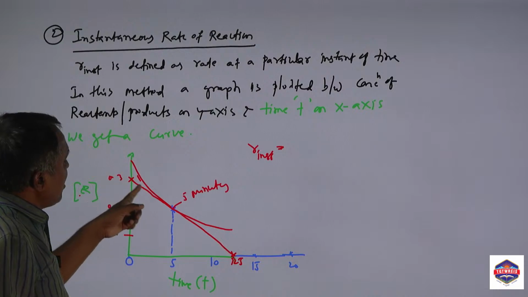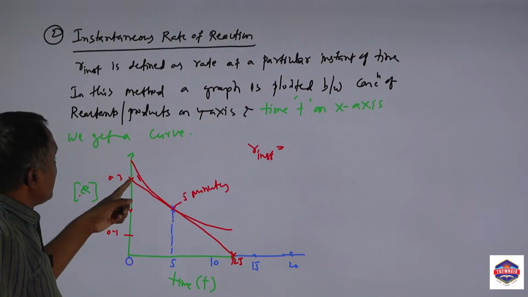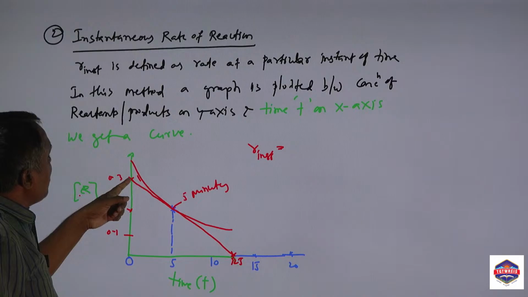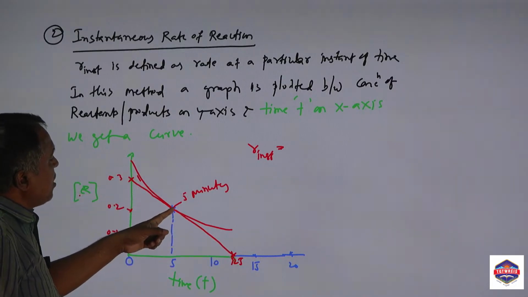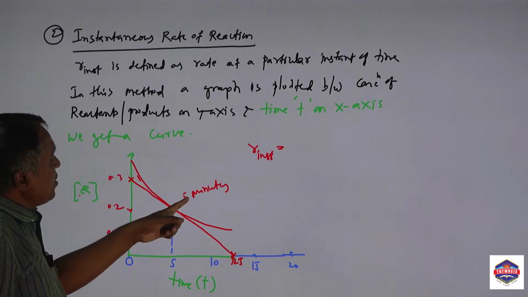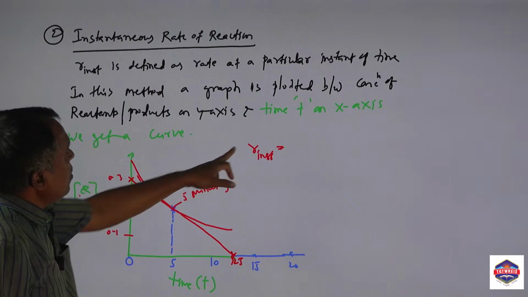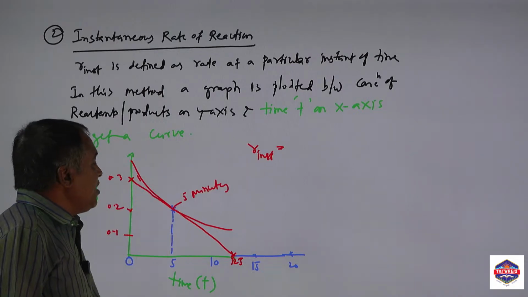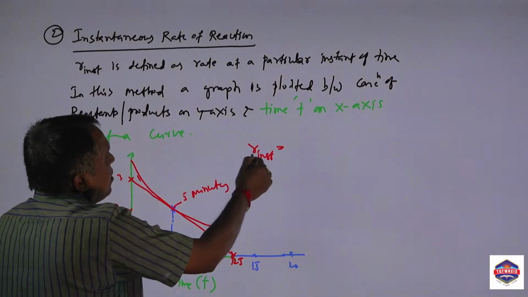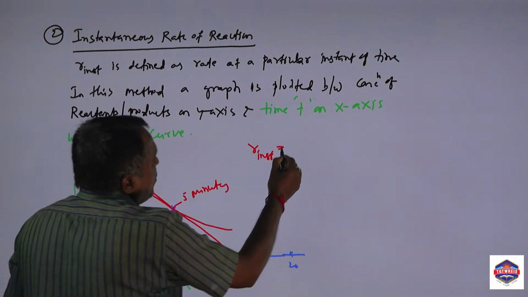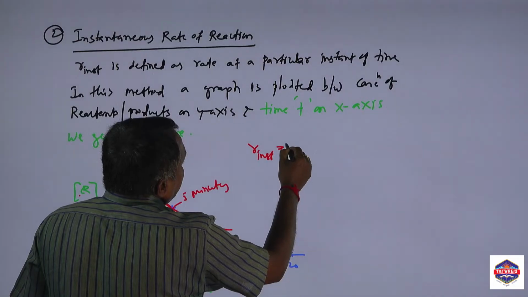A tangent line is drawn such that it touches the y-axis, the x-axis, and the curve at the point where time is 5 minutes. For a tangent line, slope is equal to tan theta.